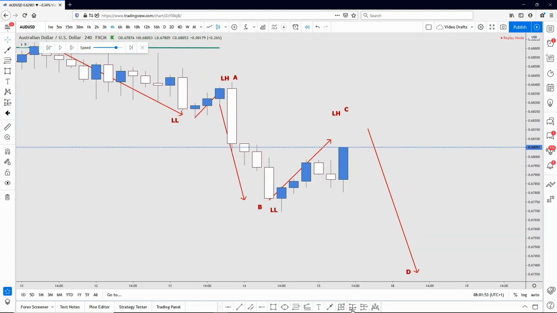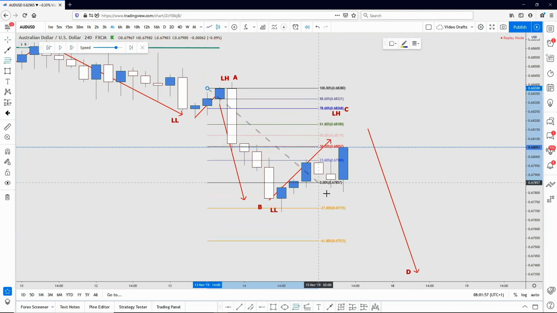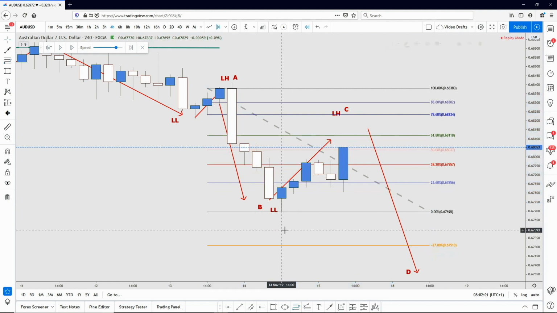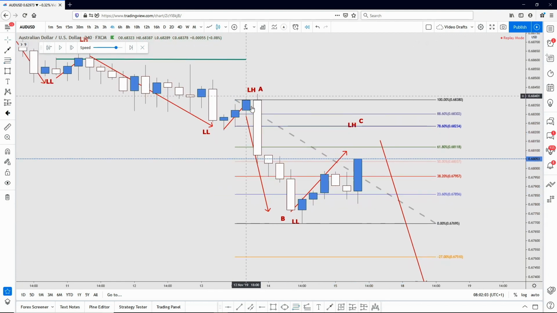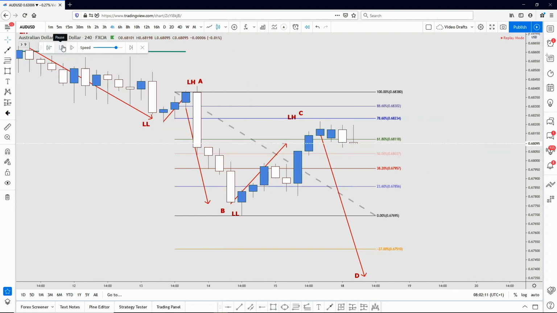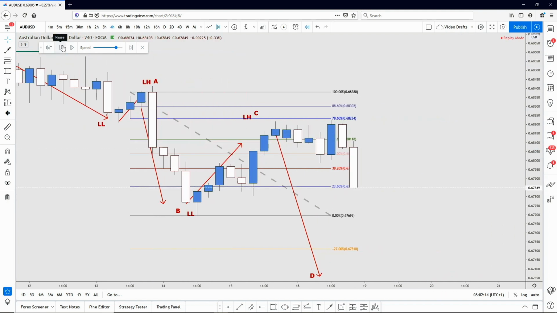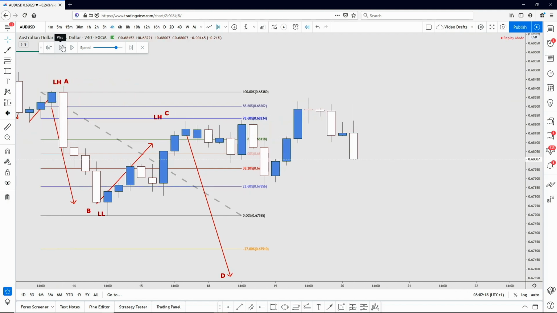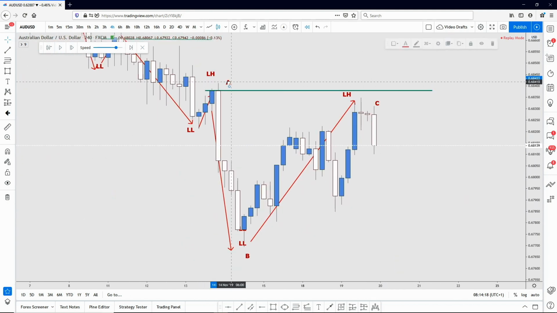So let's draw our Fibonacci. So from here to about there. So I went from base to wick. And I'm going to hit play on this tool here and see what happens. So point A is the start of the impulse wave.